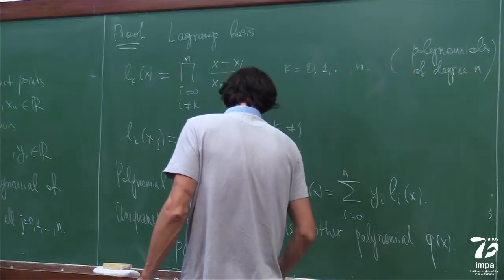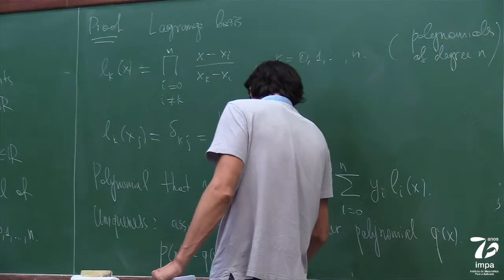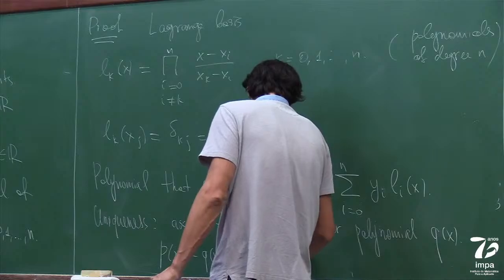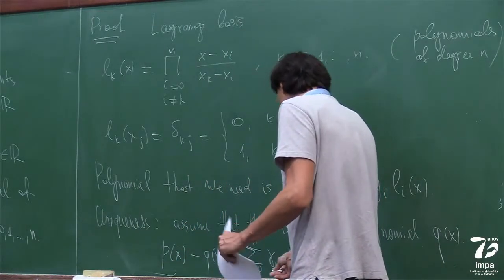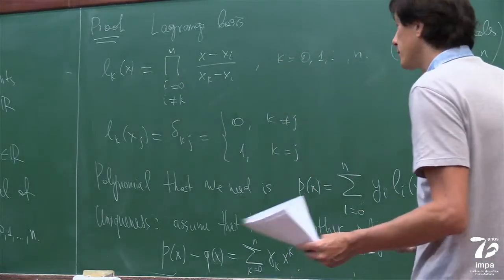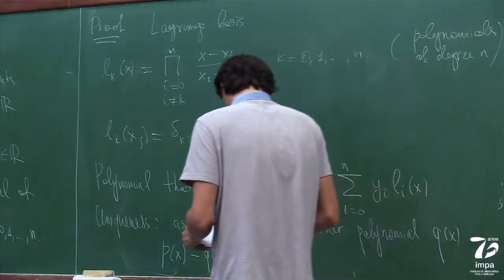So we can write it in the polynomial form, with coefficients by xk. We need to prove that all coefficients are 0. Then we will prove uniqueness.